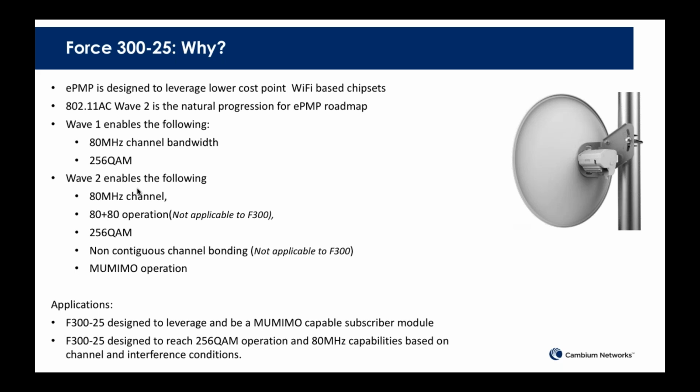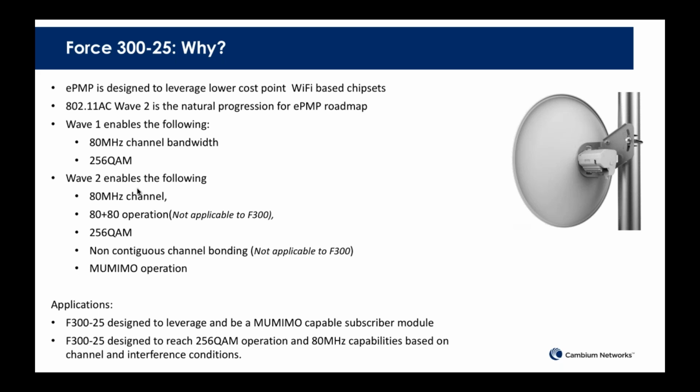So what's the difference between Wave 1 and Wave 2? In Wave 1, you have additional things like 80 megahertz channel bandwidth and higher order modulation up to 256 QAM, so it gives you higher throughput. Most of the competitors in the market are using Wave 1 chipsets.